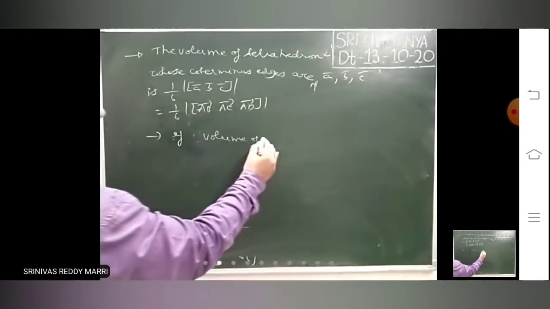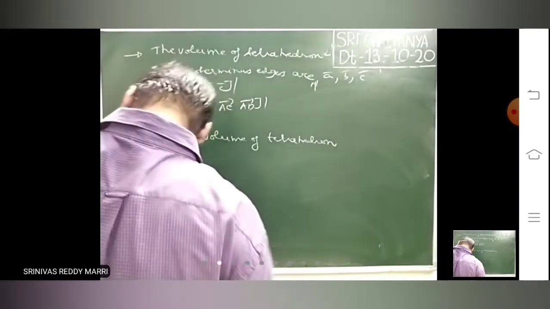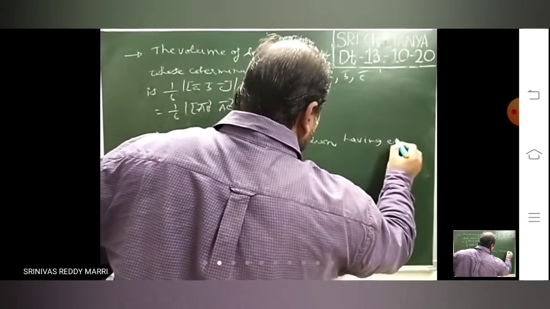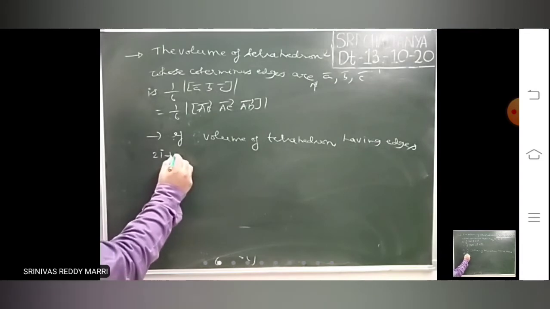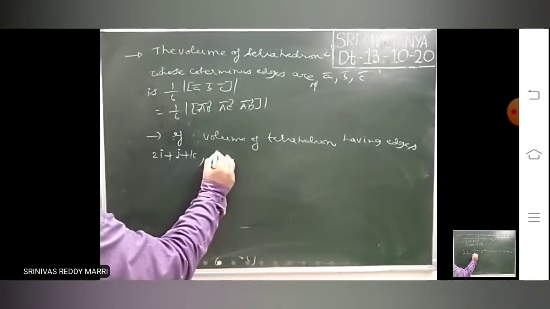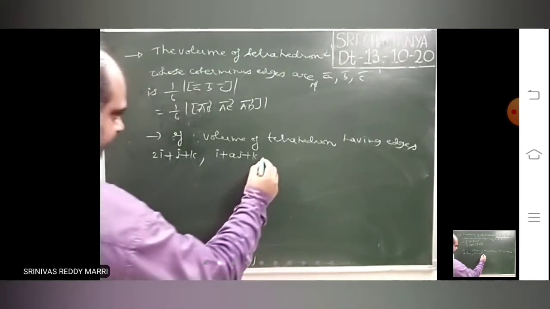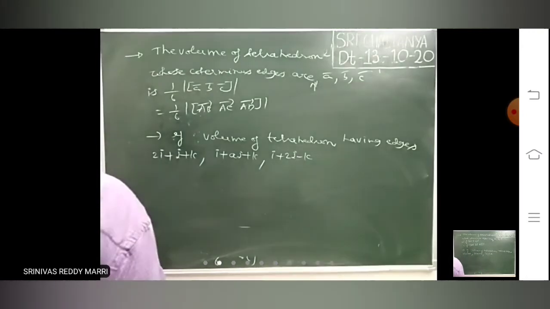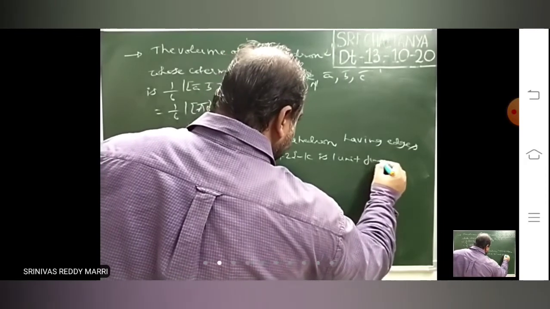Look at one problem. If the volume of a tetrahedron having edges like this, he will give, i plus j plus k, i plus aj plus k, i plus 2j minus k, is 1 unit.